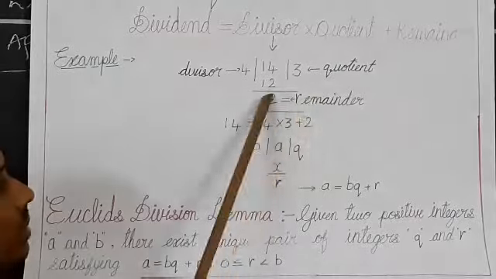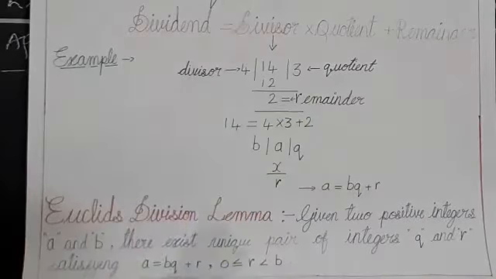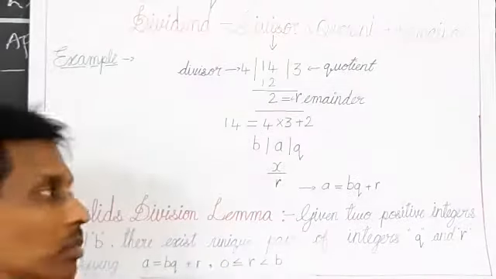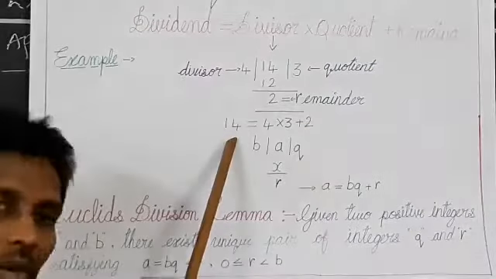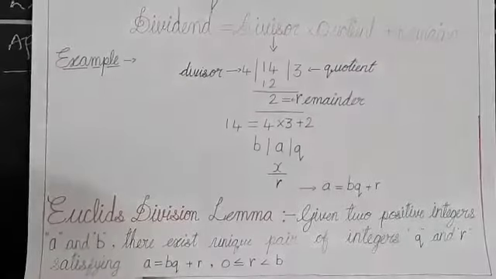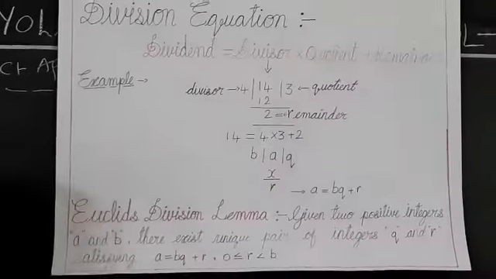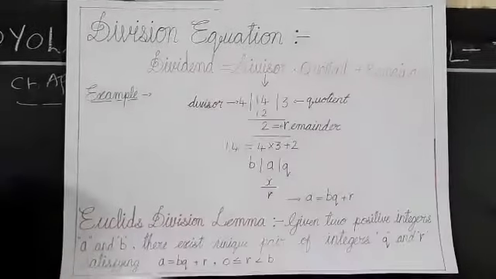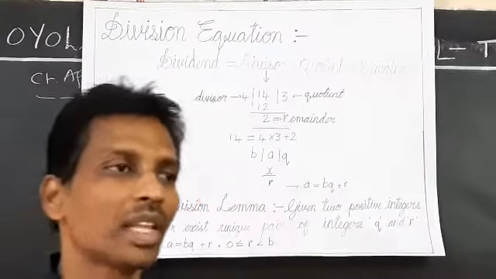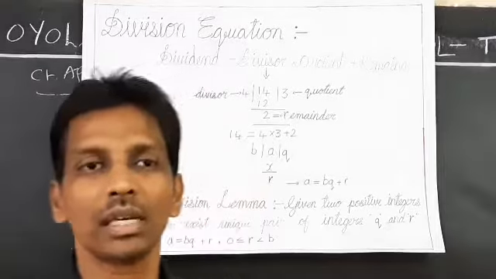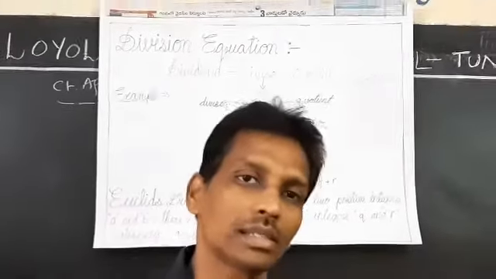Plus, and what is the remainder? 2. Once you verify this rule, 4 3s are 12 plus 2 is nothing but 14. So this example we changed in terms of English alphabet by using lowercase letters.